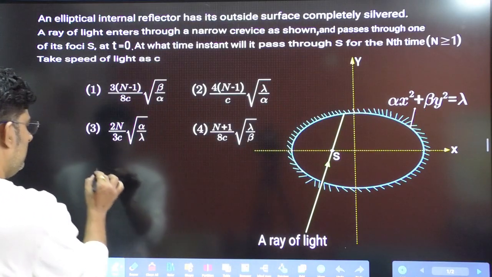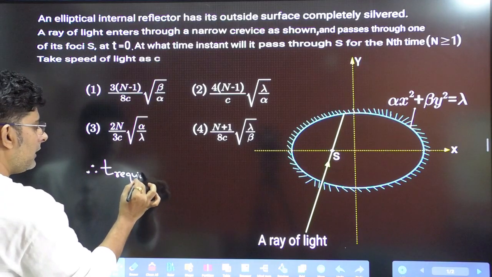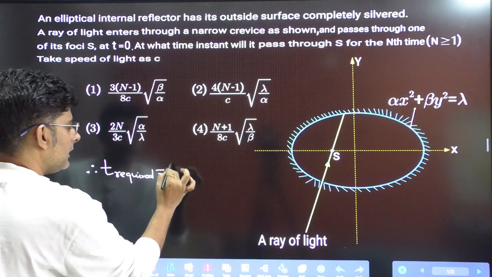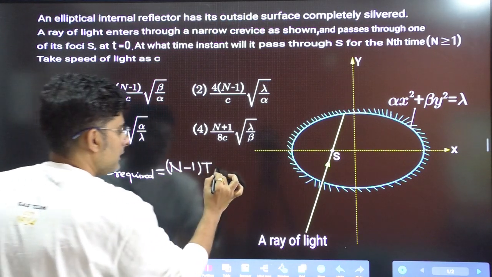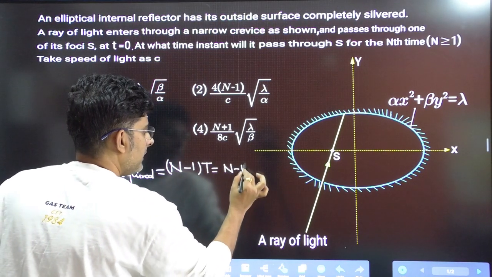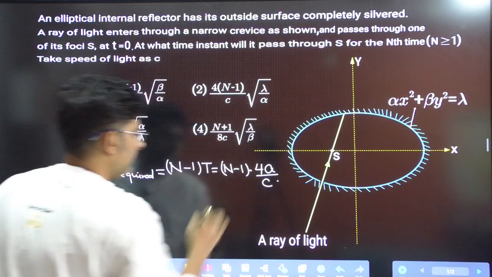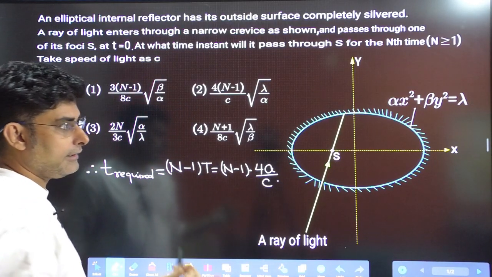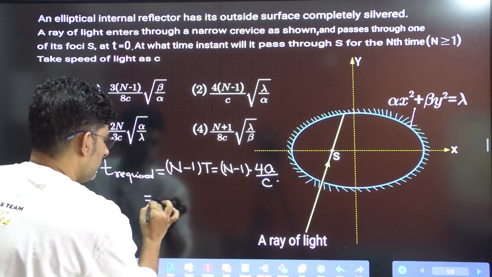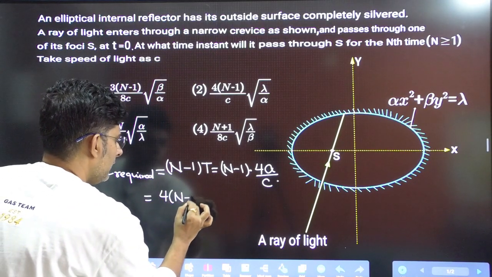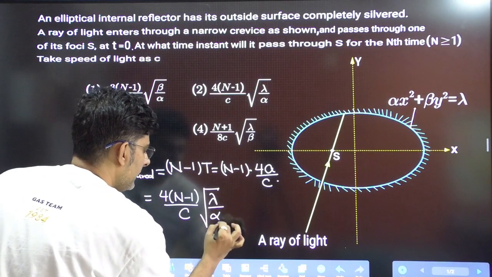We can say the required time for the ray to pass through S for the nth time will be n minus 1 T. T value was 4A by speed of light c. And what we got A as? A was root under lambda by alpha. So this will become 4 times n minus 1 by c root under lambda by alpha.